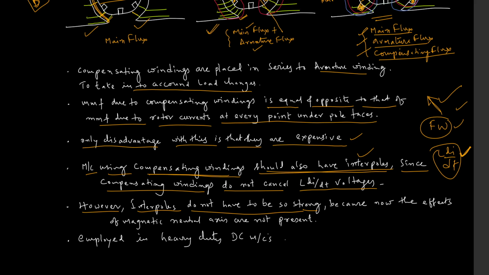But with compensating winding, I no longer need to bother about the magnetic neutral axis shift, only the L dI/dt effects. So the interpoles will not be so strong, because the effects of magnetic neutral axis shift are not present in this case because of the use of compensating winding.